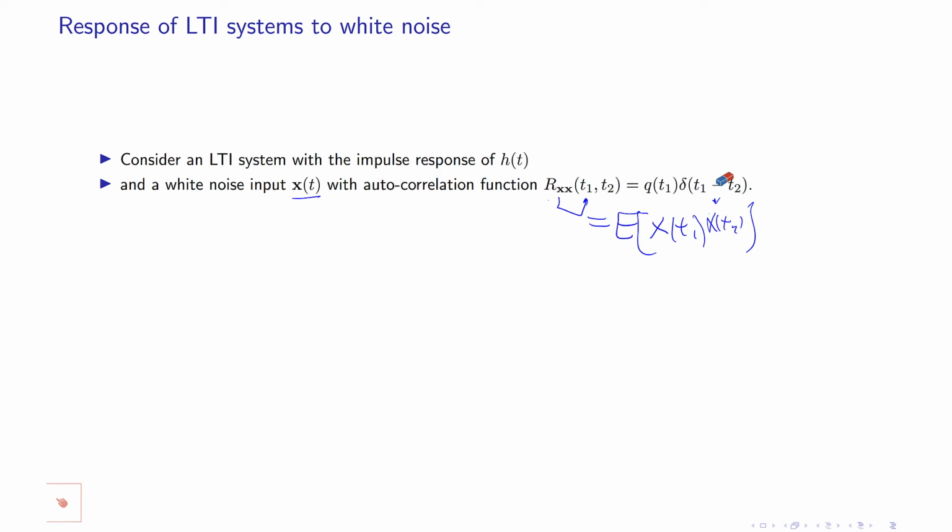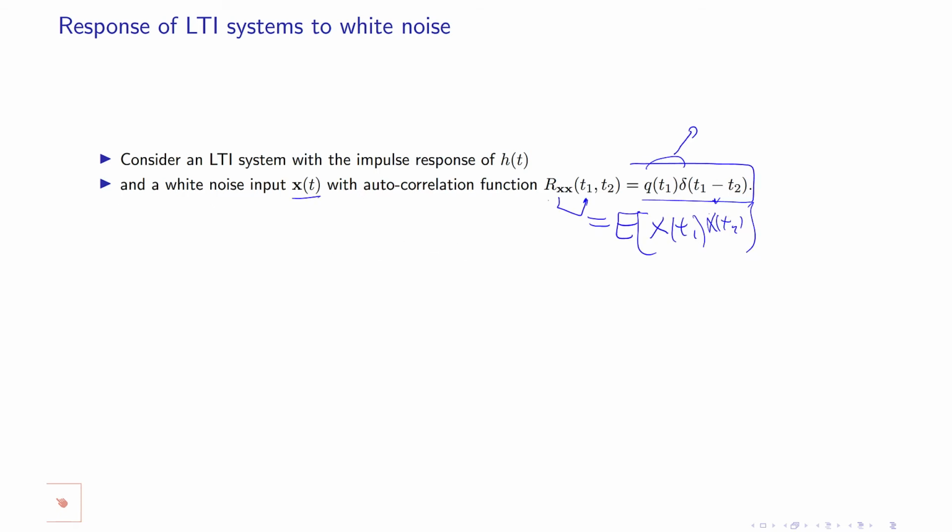We call it a white noise if this autocorrelation function is delta of t1 minus t2 times q of t1. q of t1 is called the instantaneous power of the random process at time t1.